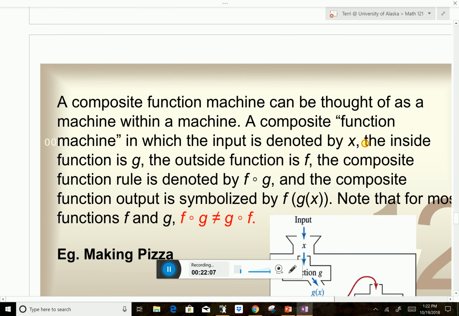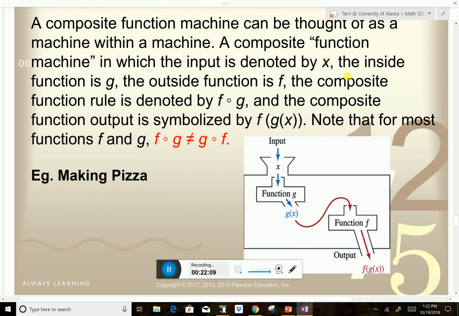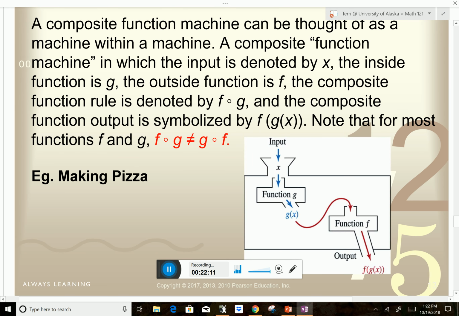Functionception. If you think about a function like a machine, which I like to, I like my toaster analogy, or my making pizza analogy. A composite function is a function of a function.